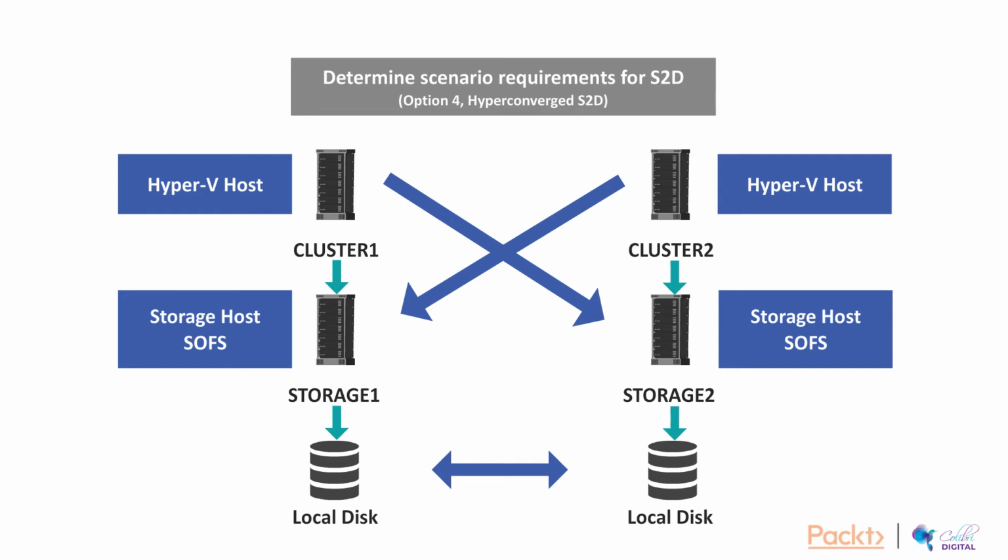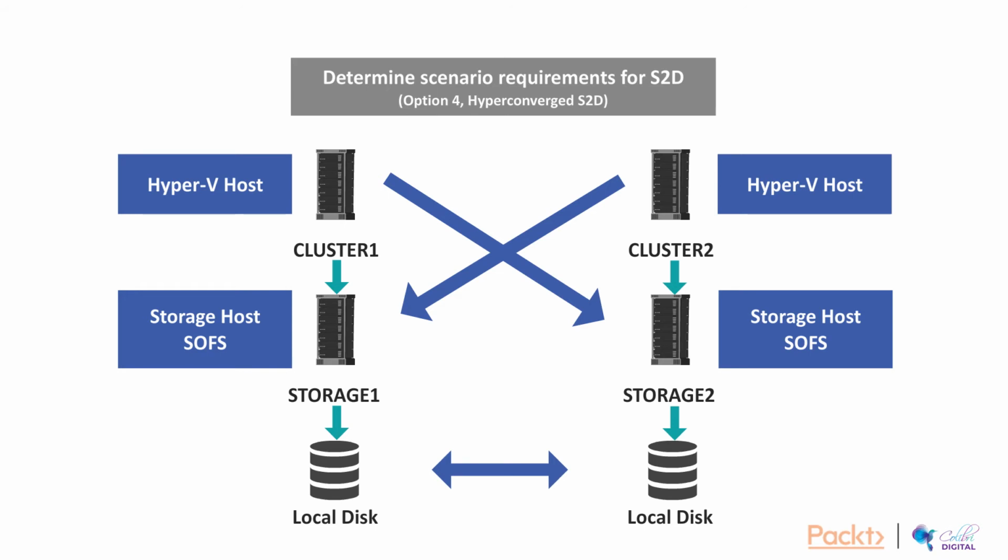This is something you probably wouldn't do in a production environment, but we'll be doing it here. You can actually have, in a way, a disaggregated cluster that attaches to a hyperconverged cluster.